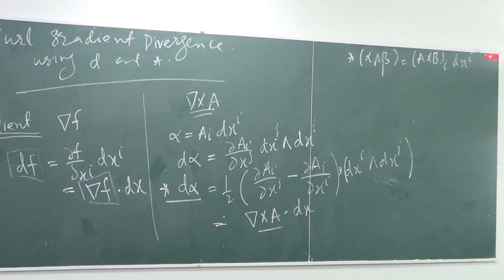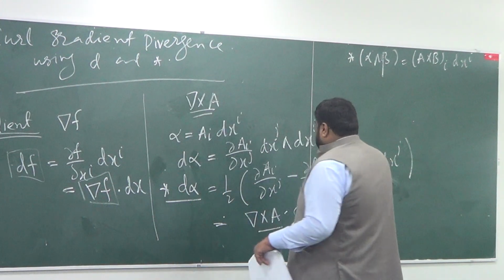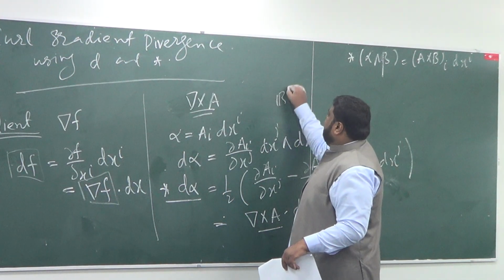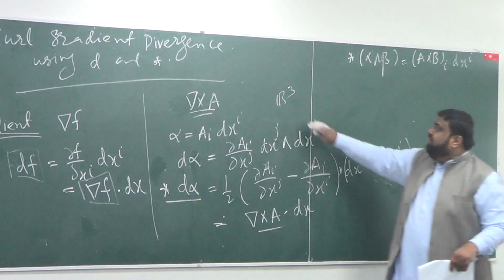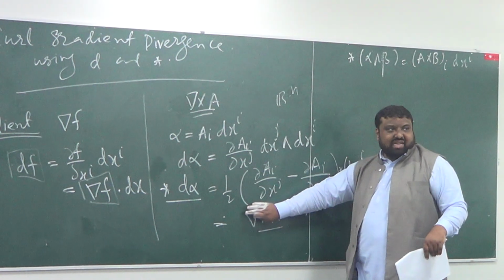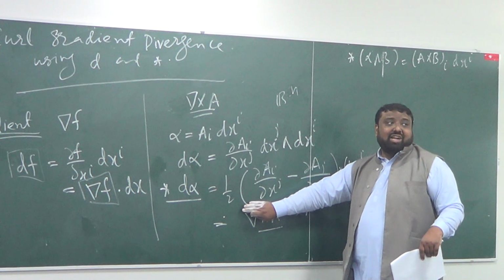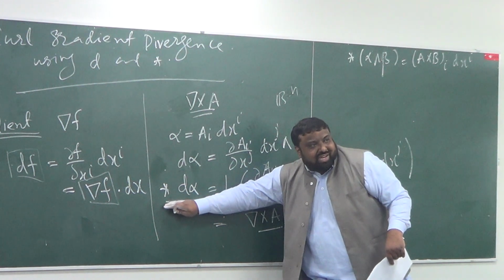In other words, take a one form and apply d on it. Here's one interesting thing. Obviously this is true in R3. But even if you are in Rn, you can't write the curl because you don't have a curl in higher dimensions. But I can treat this quantity, star d alpha, as an analog of curl in higher dimensions.